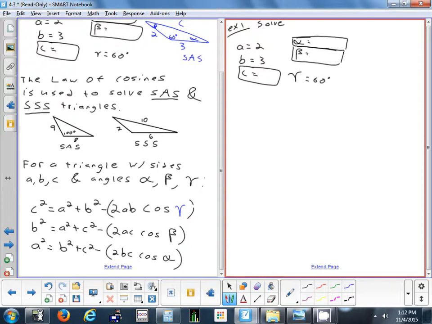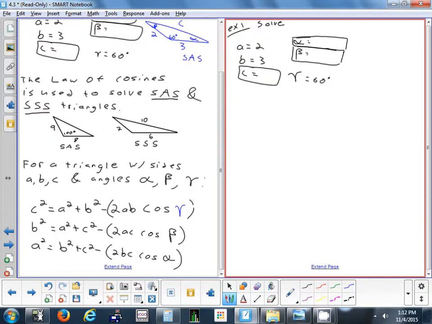All right, now we got a choice of which law to use. Keep in mind, every law has every side in it. Every law has an A, B, and C. We're already missing C, so we can't be missing anything else. So which version could I use? First, second, or third with what I have? First. Yeah, I'm going to use the first one.